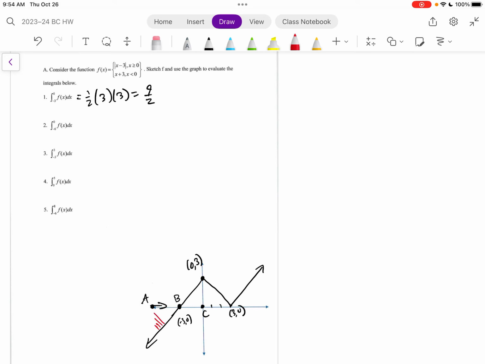So the first bit, we're going to talk about this red area, and then we're going to see my blue area again, okay? And you guys can see that these two triangles are actually going to be congruent, right? So my net signed area is actually going to be 0. And the math that goes behind that, again, is to say, oh, I know this breaks up into these two chunks that I can calculate really easily.